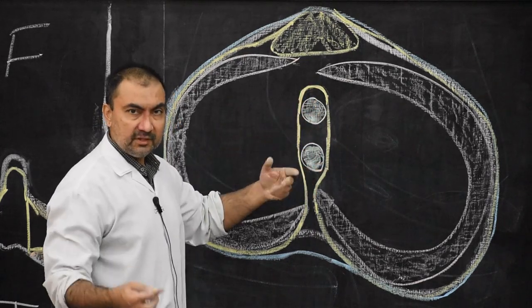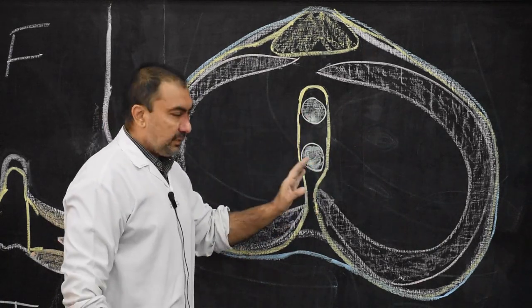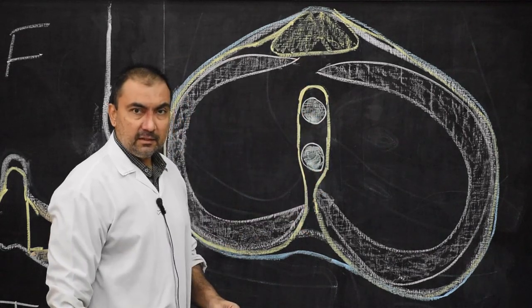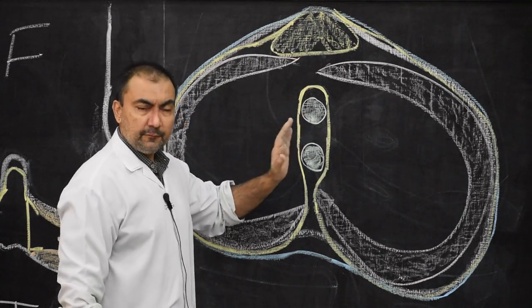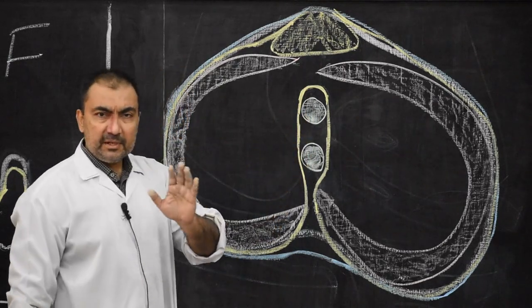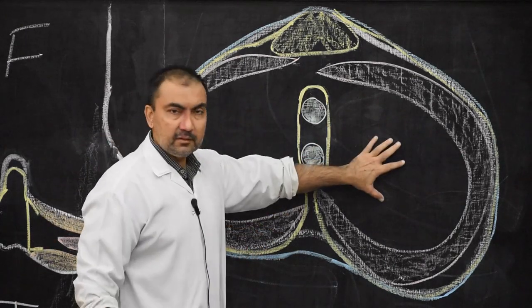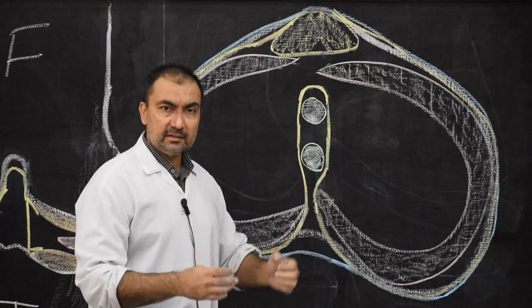So what does this show? This synovial membrane on the superior surface of the intercondylar area of tibia will form the intercondylar septum. It will form a temporary partition which will separate the medial and lateral condylar areas. And how does it separate medial and lateral condylar areas?